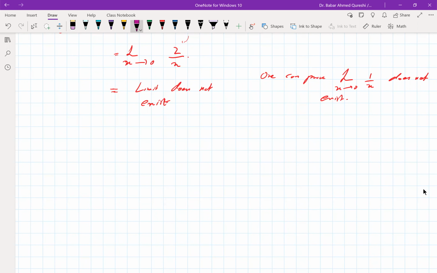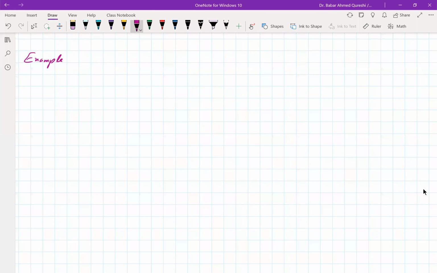So suppose you are given this function. f of x is x if x is less than 1.